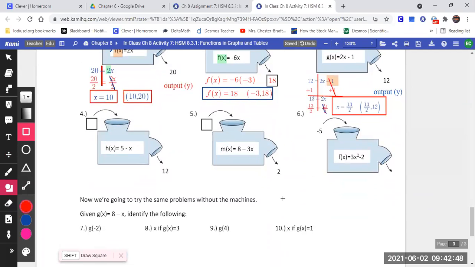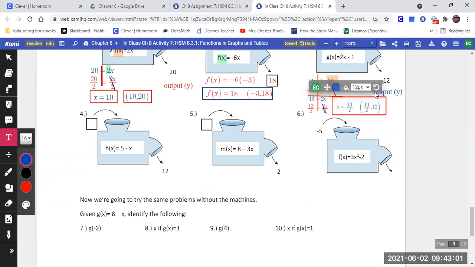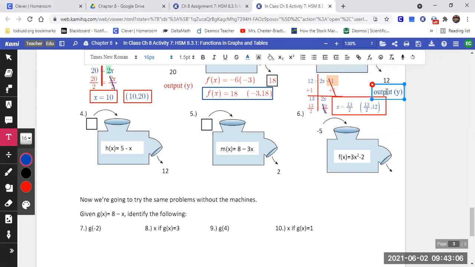All right, so did they give us an input or an output? They gave us output because it's at the bottom. Remember, we talked about outputs are what comes out at the bottom. Inputs go in at the top.